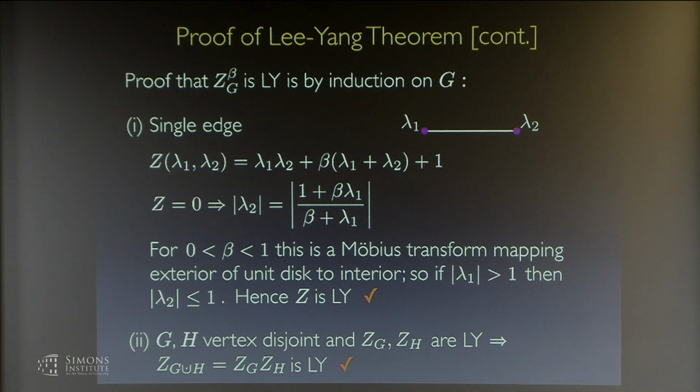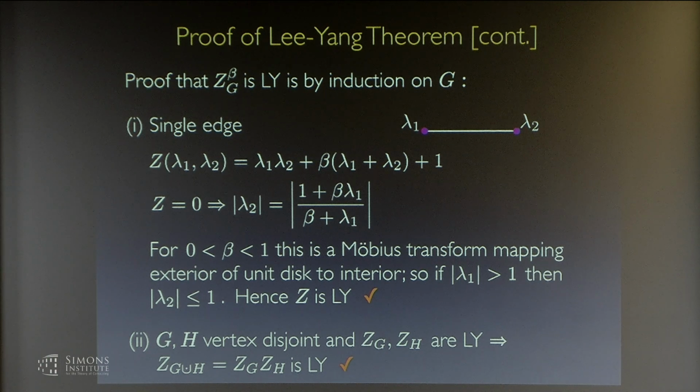So the plus-plus configuration will give us a lambda 1 lambda 2 term, because two pluses. The two configurations, plus-minus and minus-plus, each of them will pick up a factor of beta from the cut edge between plus and minus. One of them will get a lambda 1 for this guy being plus. The other one will get a lambda 2 for this guy being plus. And then the minus-minus configuration will give us a 1 because there are no cut edges and no plus vertices. Okay, so this is the partition function.